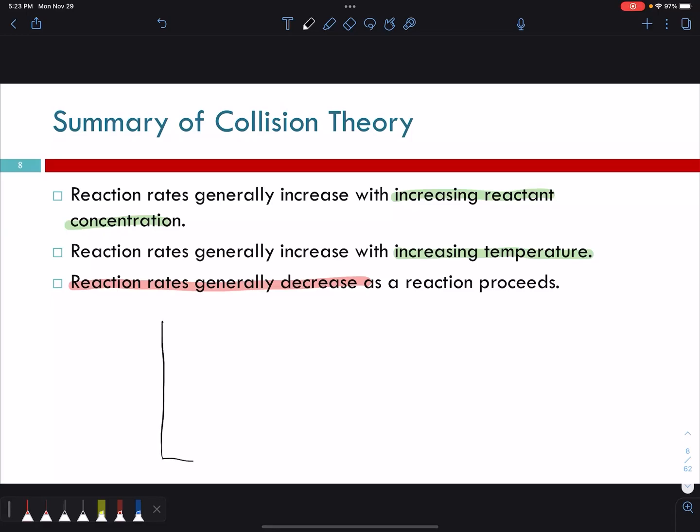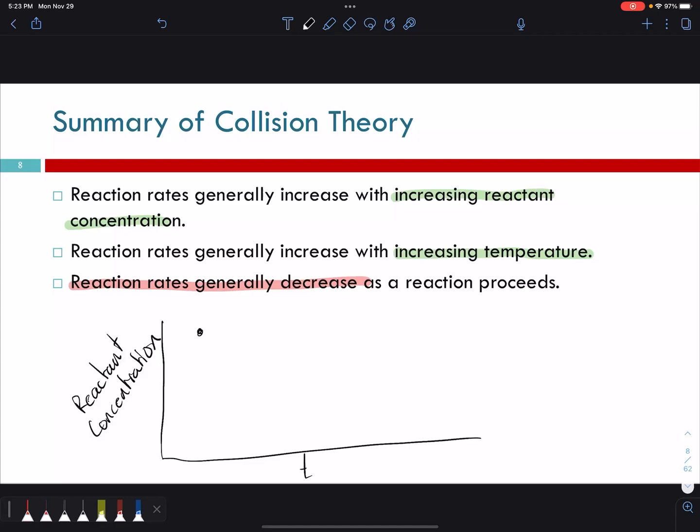Because if this is our reactant concentration, if we start with a high reactant concentration, we're also going to have a high rate.